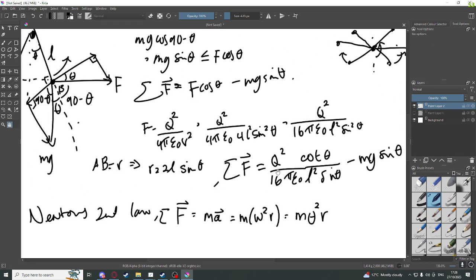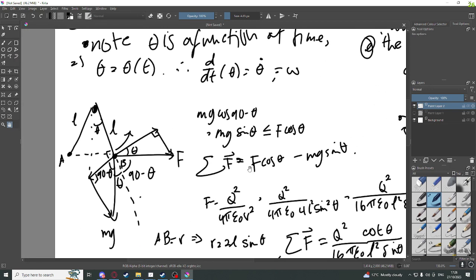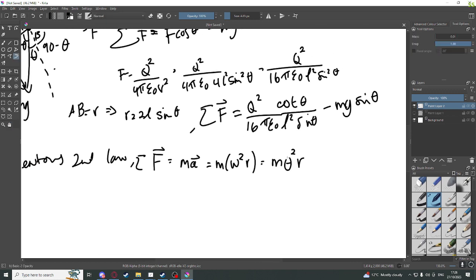But in this case, r is the radius, not the distance between the particles, so we will replace that with L. So this becomes m L theta dot squared.